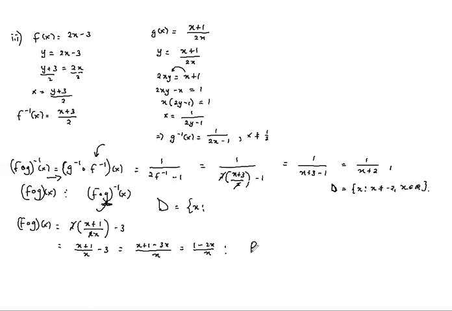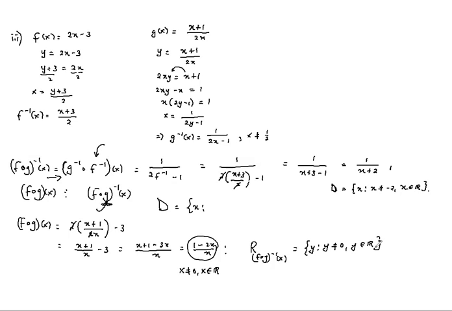Then the range now of F of G inverse of X is Y. So now I get the domain of this. The domain of this is X not equal to 0, but X a real number. Then you change the X, it becomes Y. So Y not equal to 0, but Y a real number.